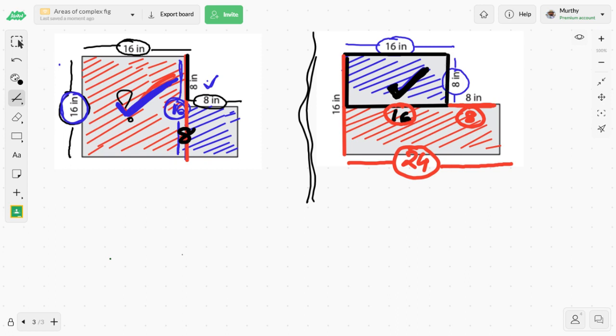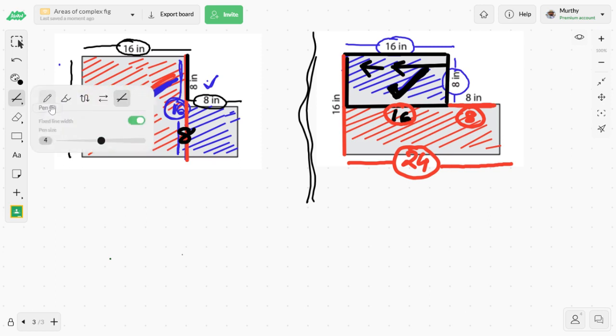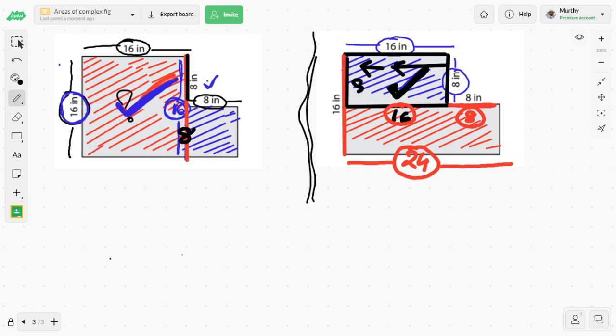If this is 8 inches, then the opposite sides of a rectangle are equal, therefore this is also going to be 8, right? And the total is 16 inches. If this portion is 8 inches, what is the remaining part? Just take away, and you'll get this one also 8.